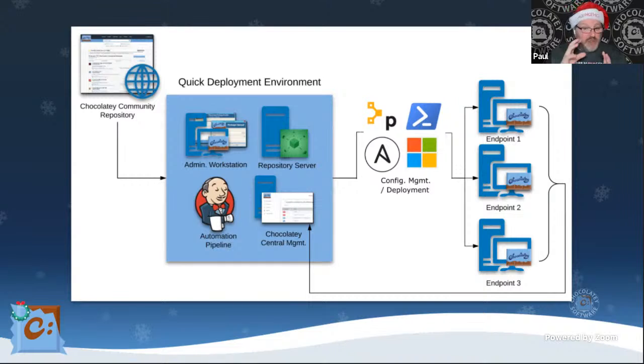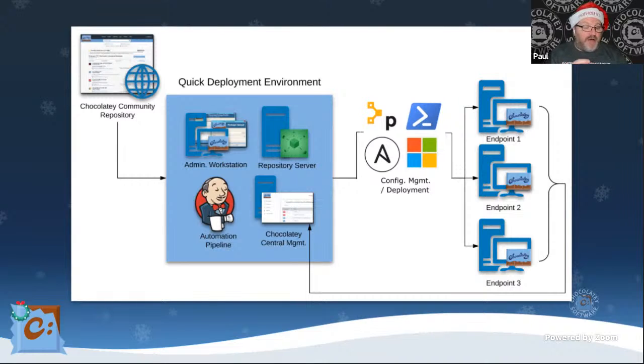But if we actually just look at the individual components themselves, the admin workstation is where you would probably sit as a sysadmin. What you'd be doing there is using Chocolatey for Business applications such as Package Builder, Package Uploader, and Package Internalizer. What you'll be able to do with Package Builder is create a package within 5 to 10 seconds.